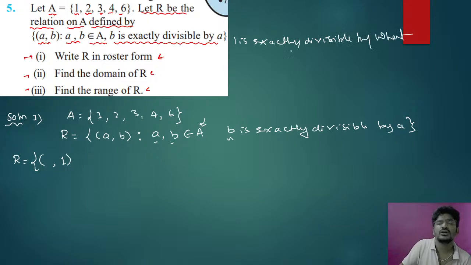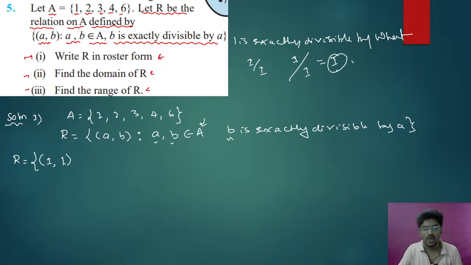You have to see. 1 is exactly divisible by which element? 1 is exactly divisible by 1. That means 1 by 1, and the answer is 1.